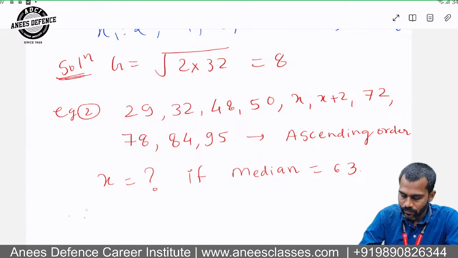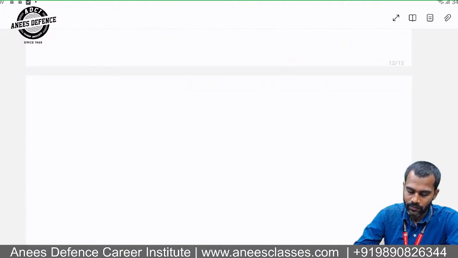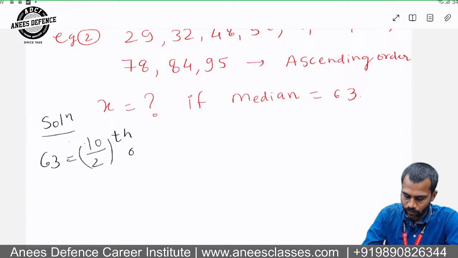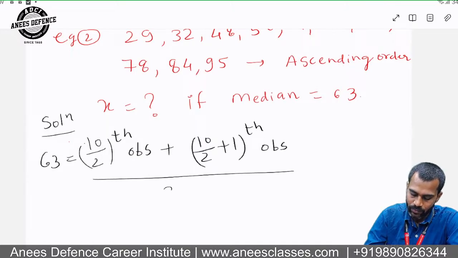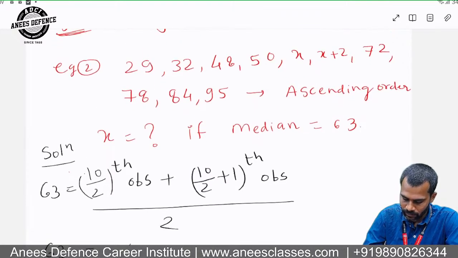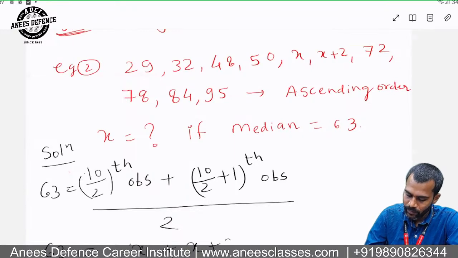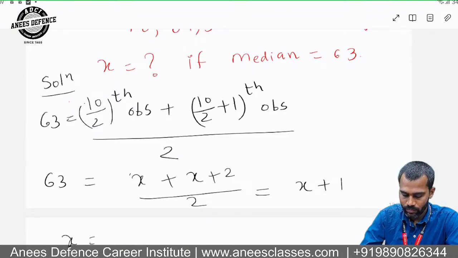The median is the average of the n by 2th and the n by 2 plus 1th observations. So 63 is equal to the 10 by 2, that is the 5th observation, which is x plus 2, plus the 6th observation, divided by 2. So x plus 2 divided by 2 is equal to, can I write x plus 1? So x is equal to 62.